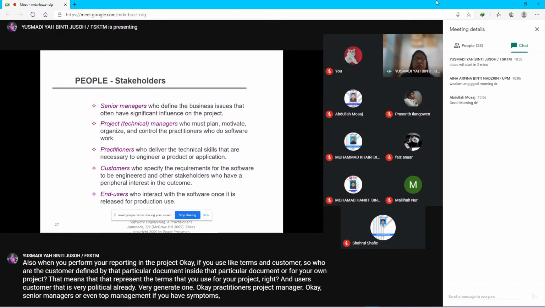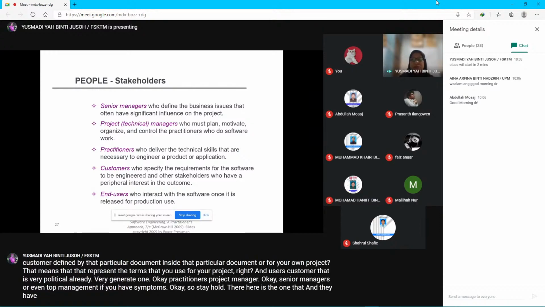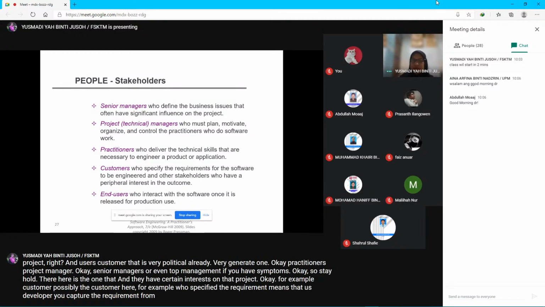So a stakeholder here is the one that has a certain interest in that project. For example, the customer, who specifies the requirements, which means you as developer capture the requirements from your customer, usually early in the project.